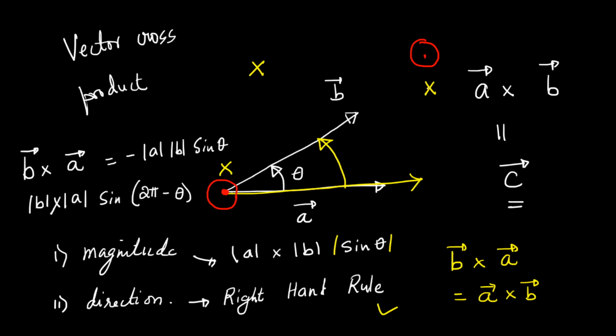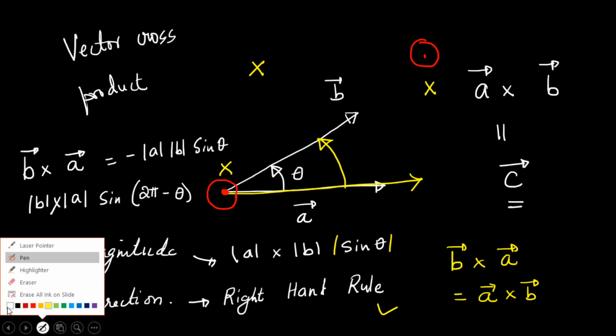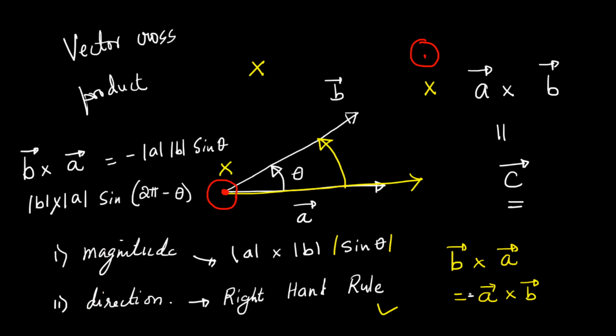The end result of all of this is that the magnitude is the same but the direction is different, and the way to represent this is to put a minus sign here. Therefore we come across the most important property of the vector cross product, which is that it is not commutative, but neither is it extraordinarily complicated. It is just minus of A cross B. Now this is very crucial for us.